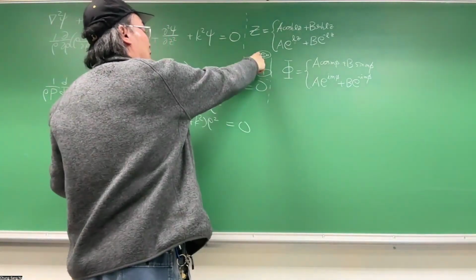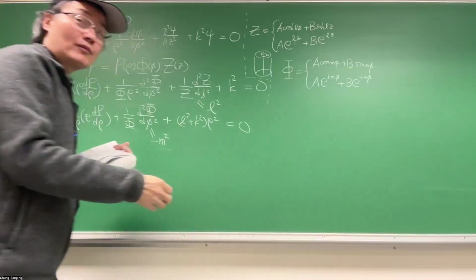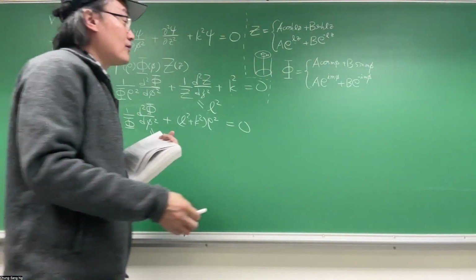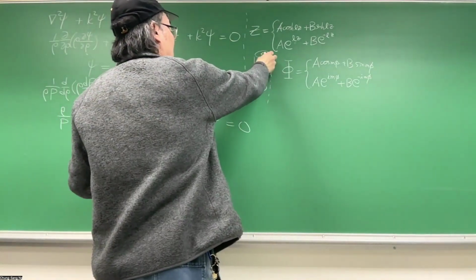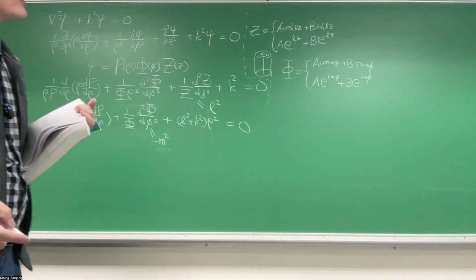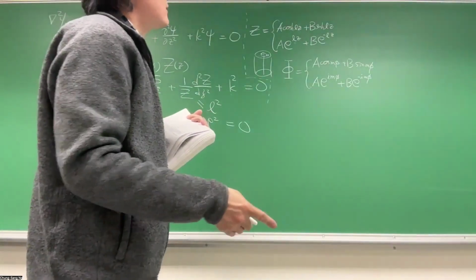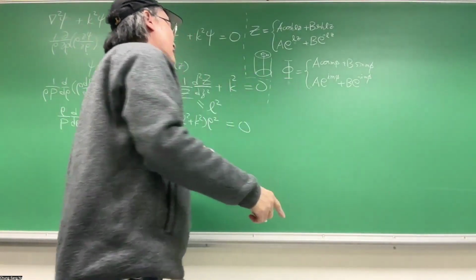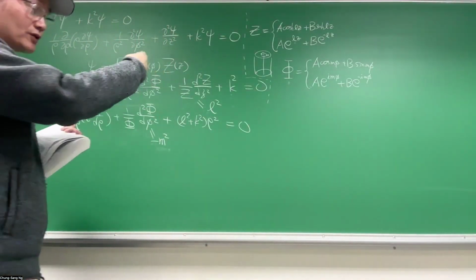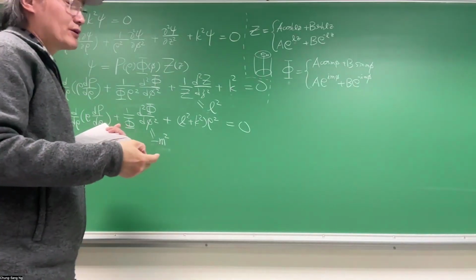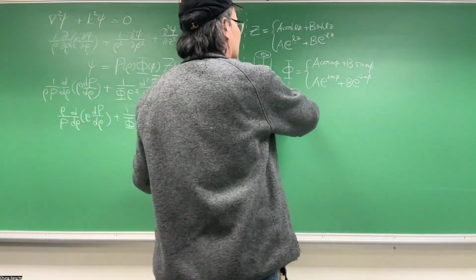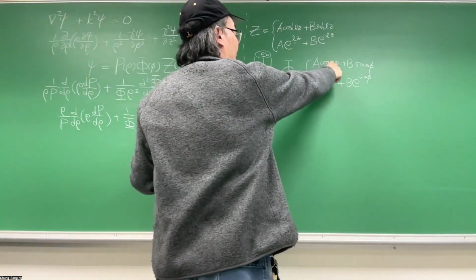The only thing that changes is if the problem has no boundary in the phi direction, involving all azimuthal angle 0 to 2 pi, then you basically impose the periodic boundary condition on the function phi, meaning that if you rotate phi by adding 2 pi, you get the same value. So that will impose the condition on m.